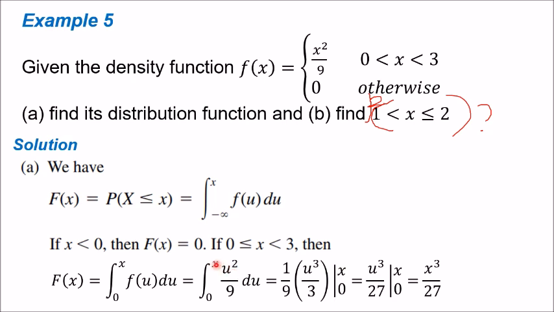Simplifying, that is u cubed over 27, since 9 times 3 is 27, evaluated from 0 to x.